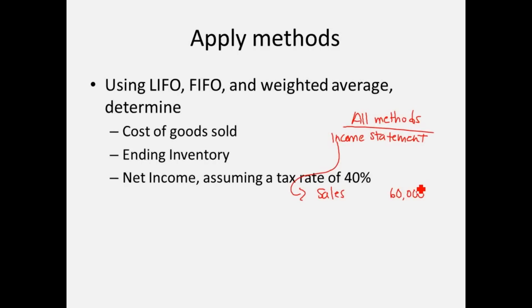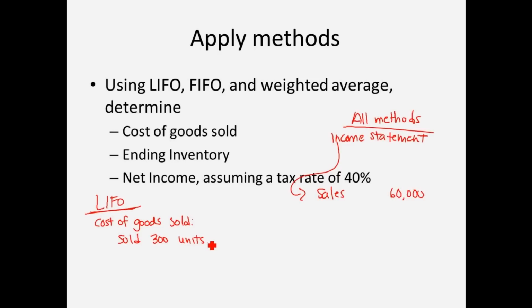So let's think about it this way. Let's start with LIFO. How do I figure out what my cost of goods sold is? How many units did I sell? Which units did I sell if I assume the company uses LIFO?